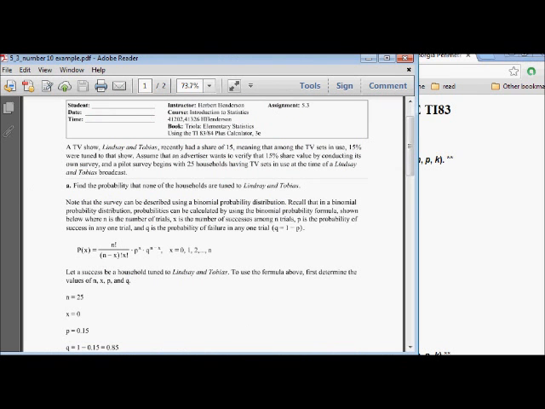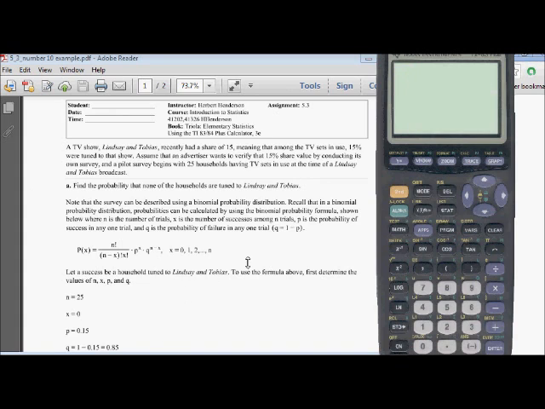A TV show, Lindsay and Tobus, recently had a share of 15, meaning that among the 15 sets in use, 15% were tuned to the show. So our probability is 15% or 0.15.